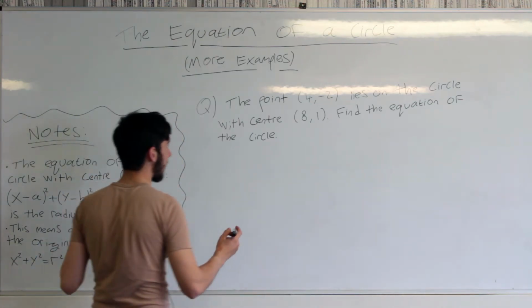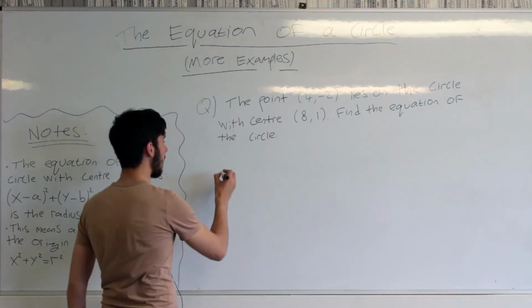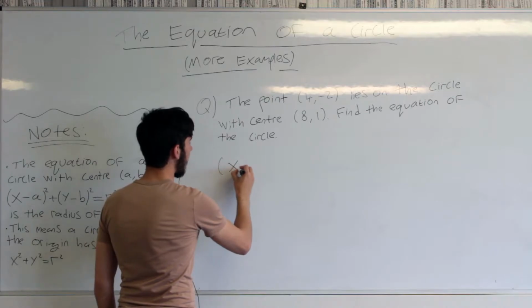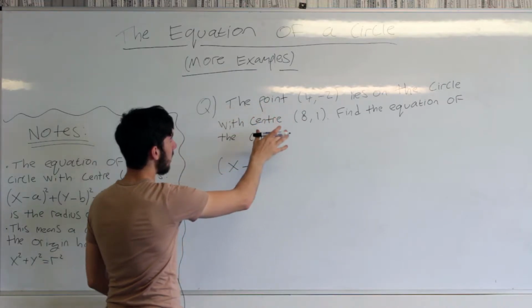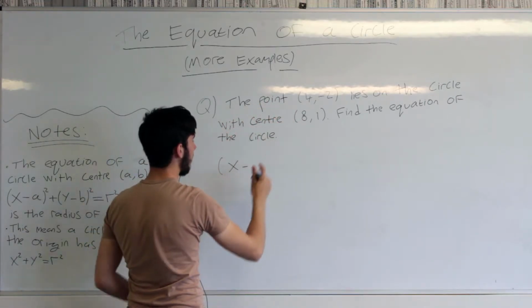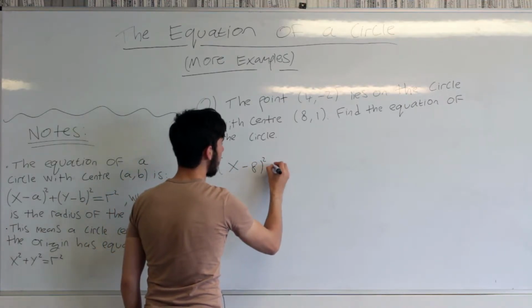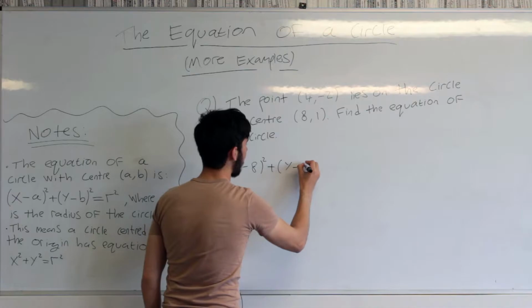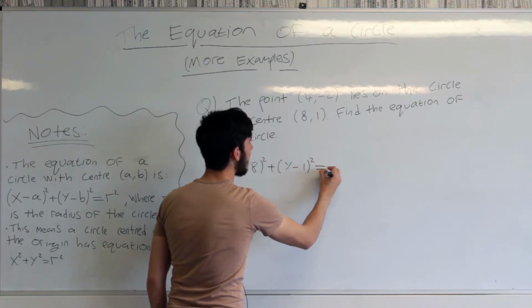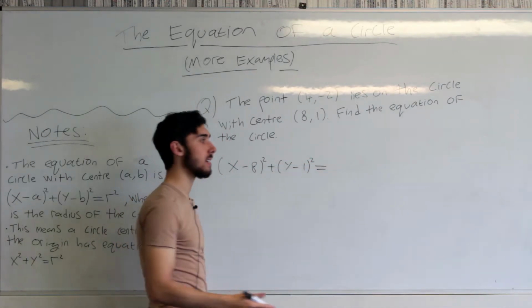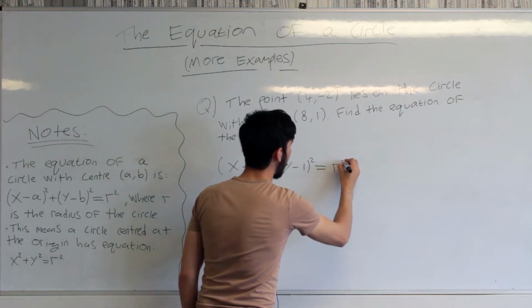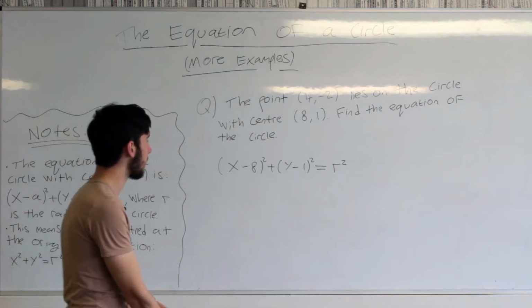So, using the equation of a circle, just like in the previous video, the center is (8, 1), so it's going to be (x - 8)² + (y - 1)² =, and we don't know what the radius is, so it's equal to r². We don't know what it is.